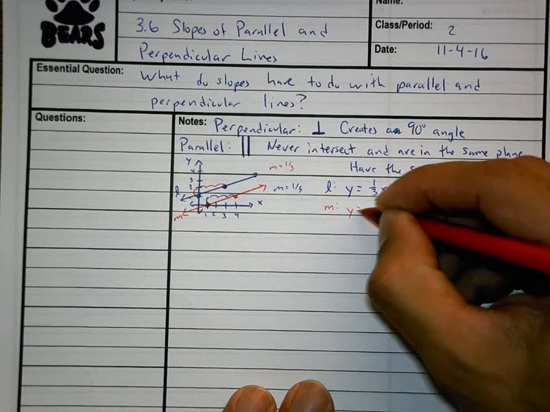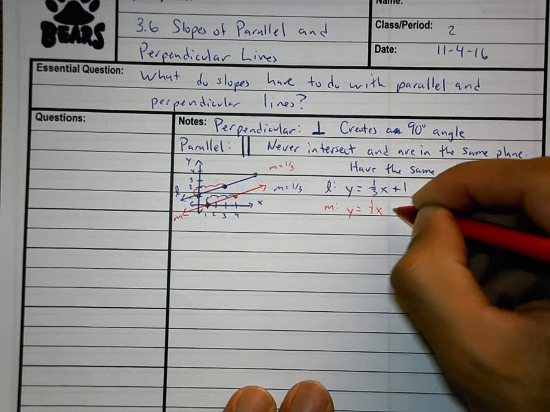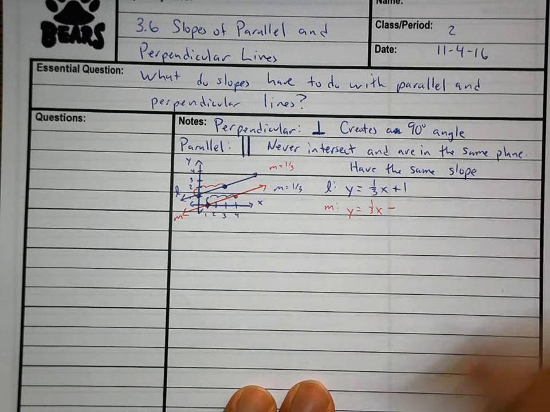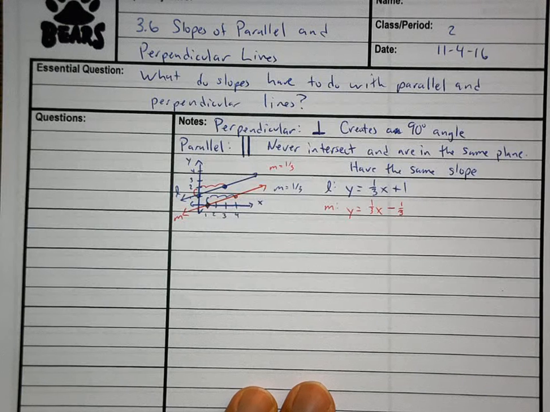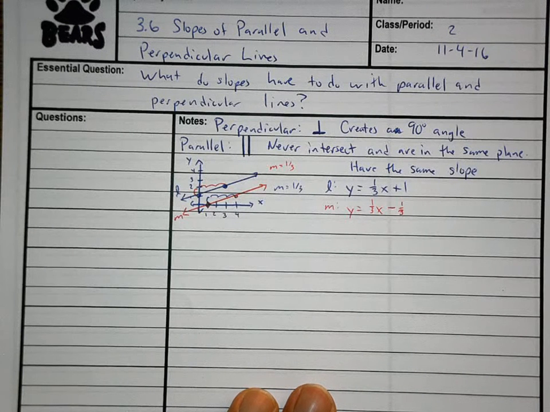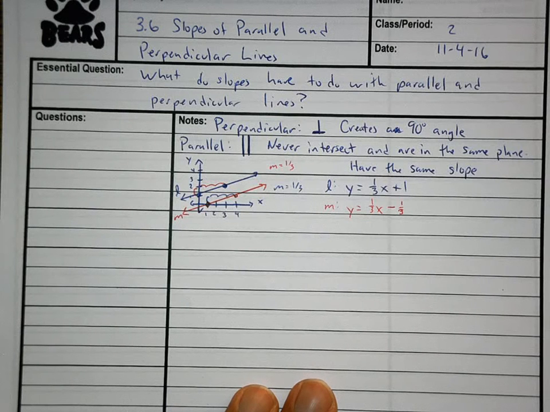It is y equals 1/3 x minus 1/3. Trust me. You don't have to know how to figure that out. Just trust me on it. Okay?